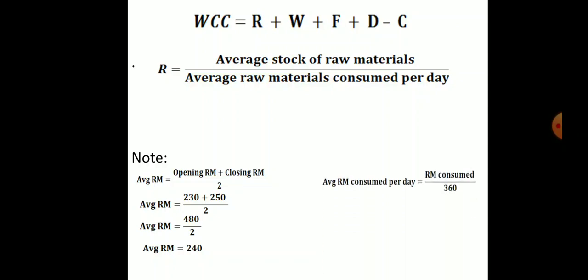So next we have to calculate average raw material consumed per day. So what is the formula for that? We have calculated per annum from the table, but we have to calculate per day. The formula is raw material consumed per day is equal to raw material consumed divided by 360.